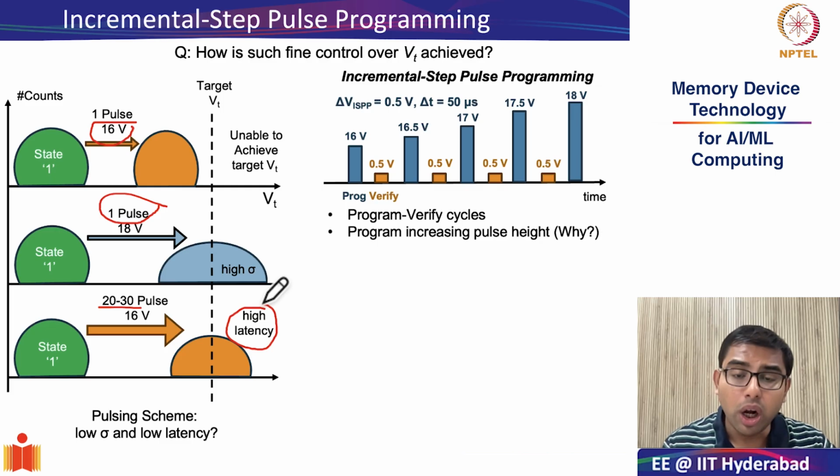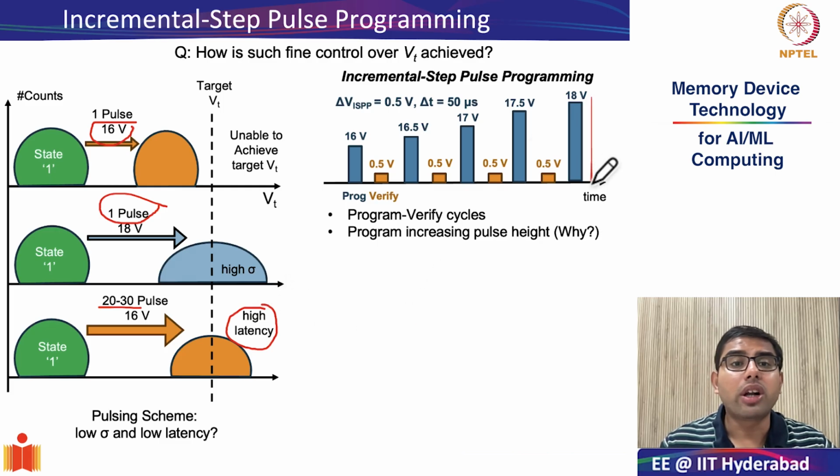It becomes very useful. Through this very simple schematic, I have tried to explain to you what is your ISPP. So the first feature of your ISPP is that it is not just program cycles. There is alternating program and verify cycles. What do I mean? That you apply one voltage or one large voltage of program.